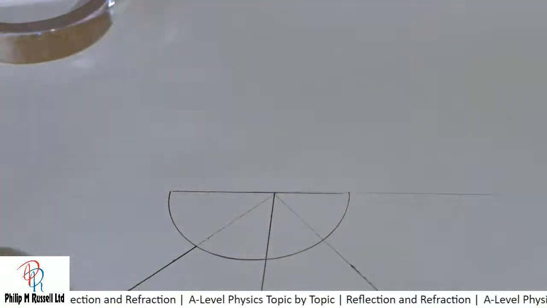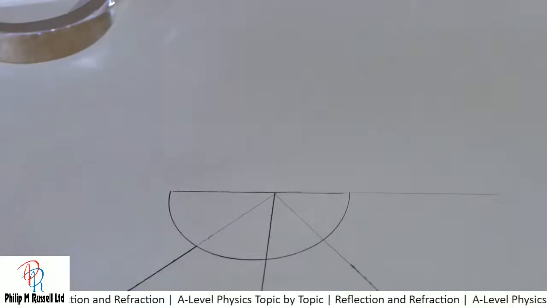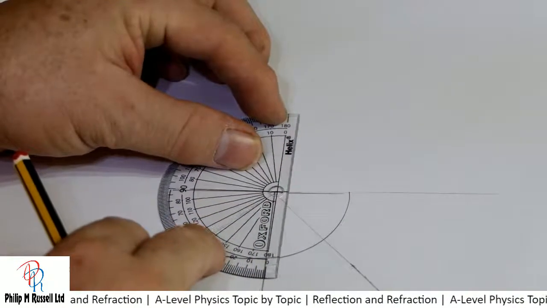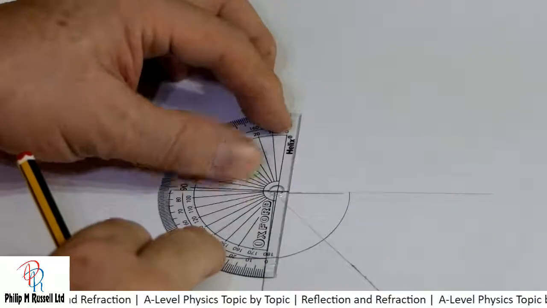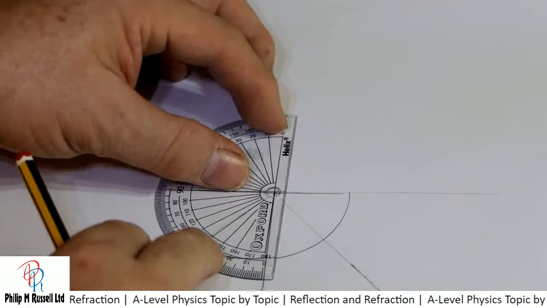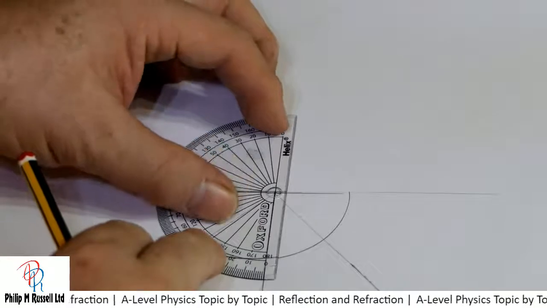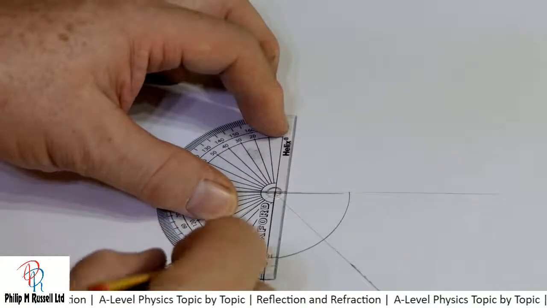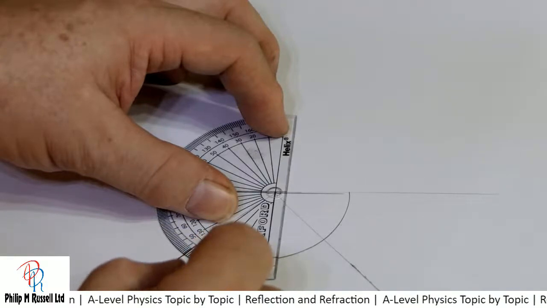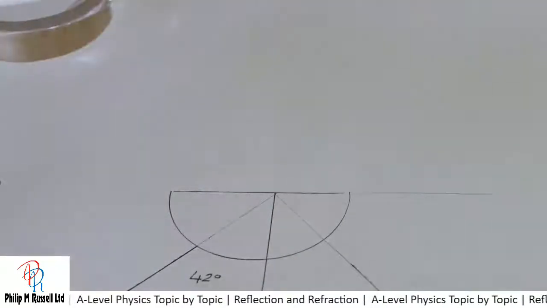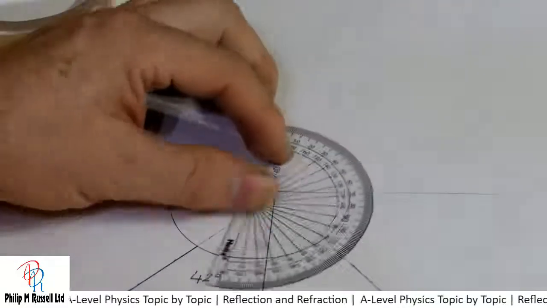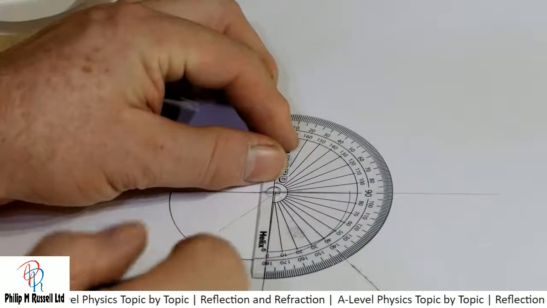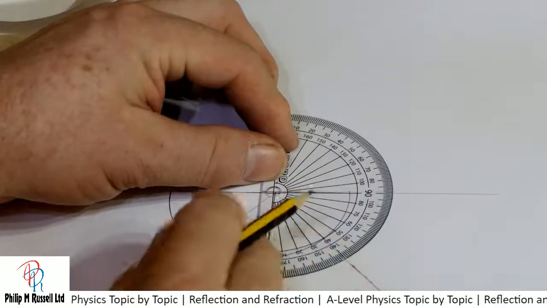And if we measure this angle, I've got an angle here of 42 degrees. And that's where on this plastic it appears to be. We should just measure the other side, see if it's about the same. It's not quite.